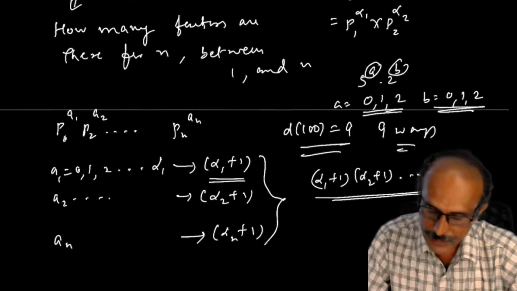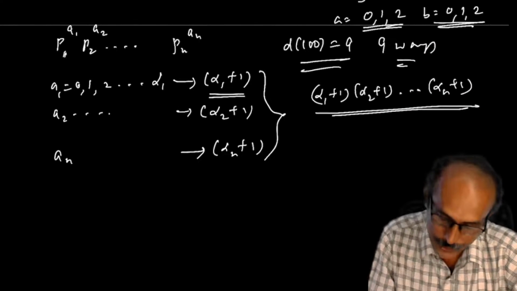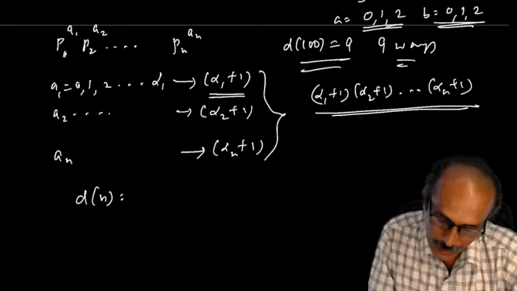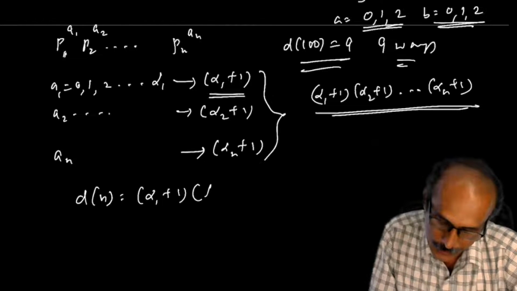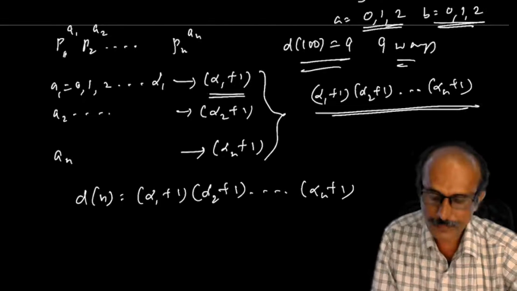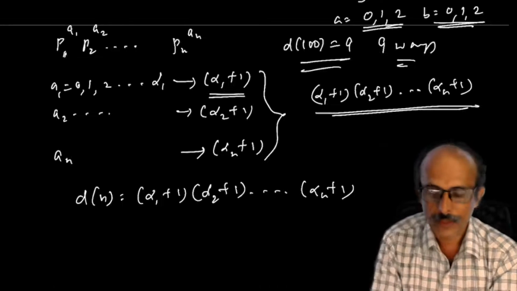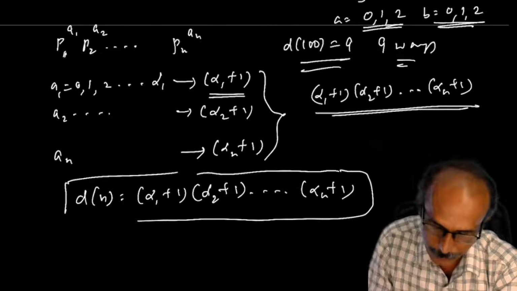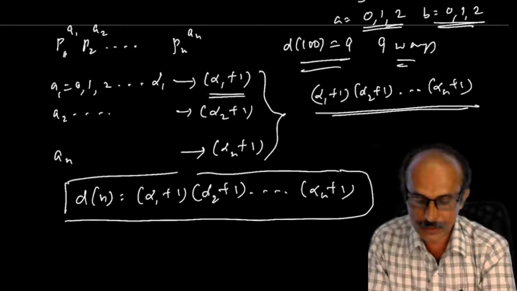So we noted that the number of positive factors of n is given by d of n equals alpha 1 plus 1, alpha 2 plus 1 and so on, alpha n plus 1. So number of divisors is obtained by a closed formula.